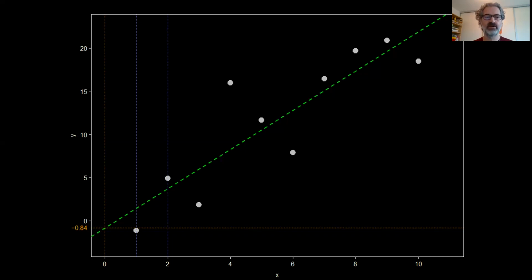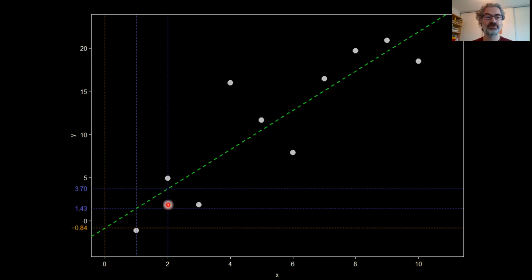So if x goes from 1 to 2, that's a difference of 1. X increases by 1 between this line and this line. For x equals 1, our predicted value of y is here, and that is 1.43.